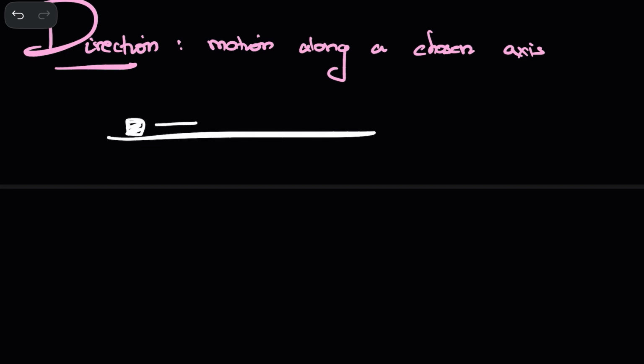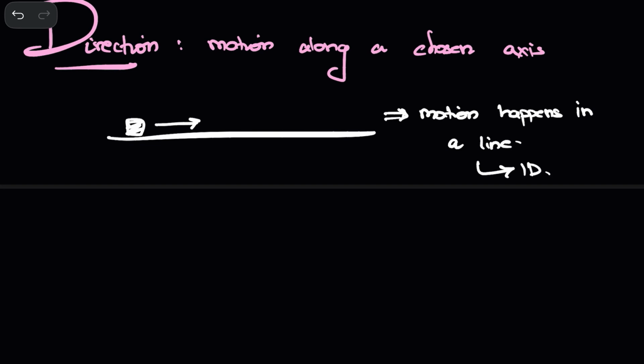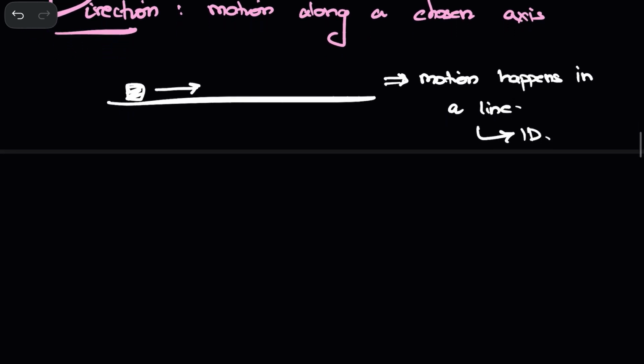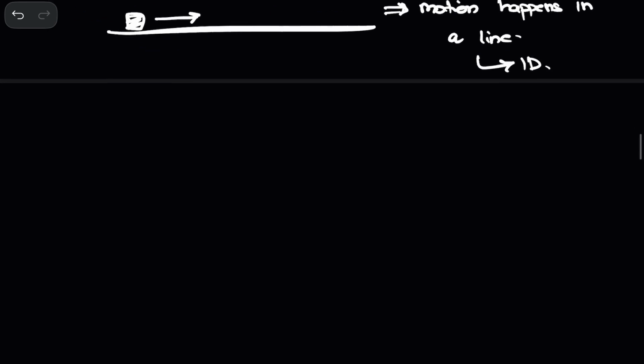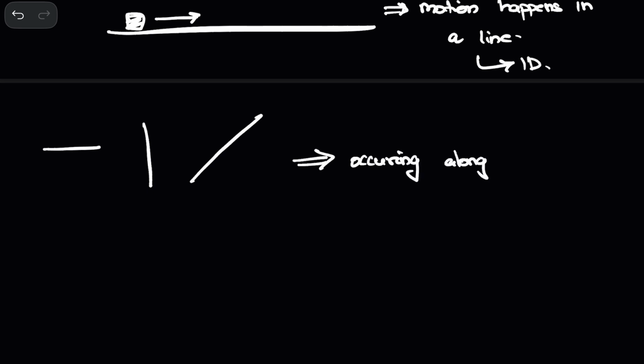It was just moving in one direction like this. Motion happens in a line, then I call it 1D. The line could be horizontal, vertical, or slanted, but the motion is treated as occurring along one axis. It could take any path, but you would consider it occurring along one axis, right?